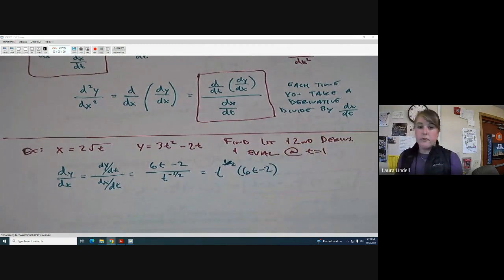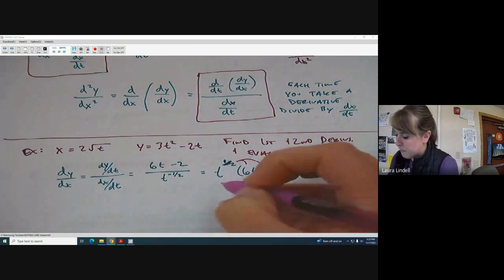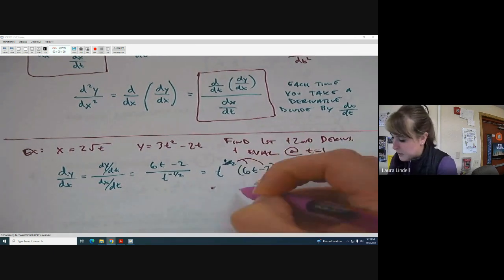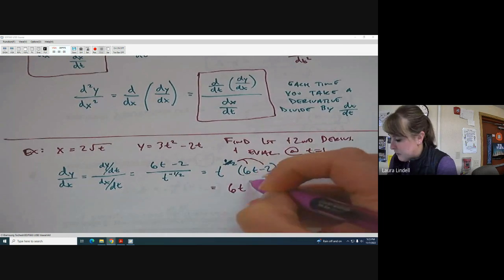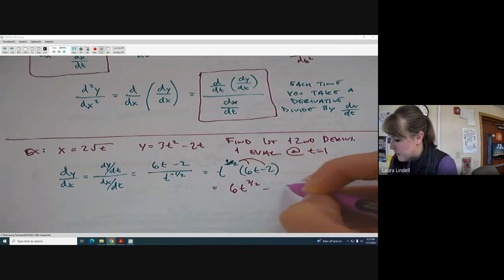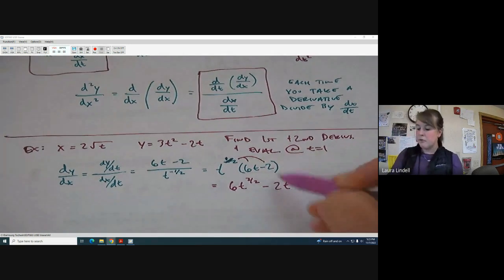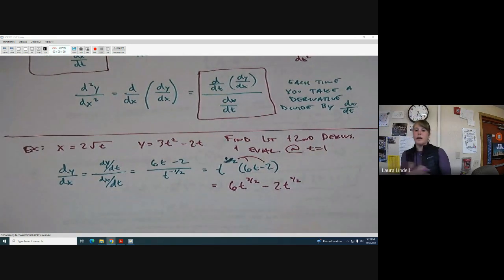And we could go a little bit further if we wanted to. We could distribute this through so that we would get 6t to the 3/2 minus 2t to the 1/2. So those are both formats that we would want to be able to recognize in case it were a multiple choice problem or something like that.